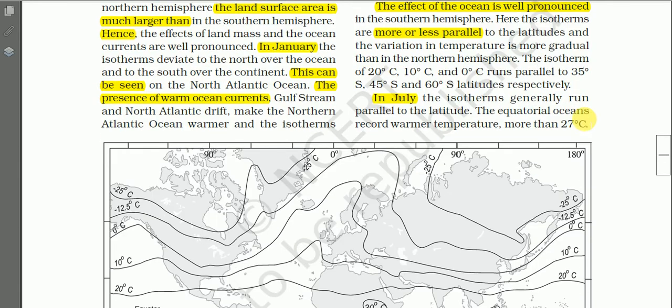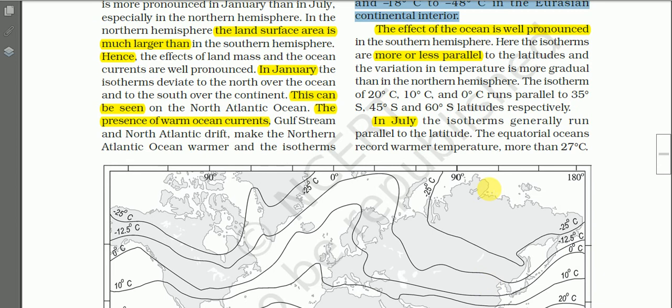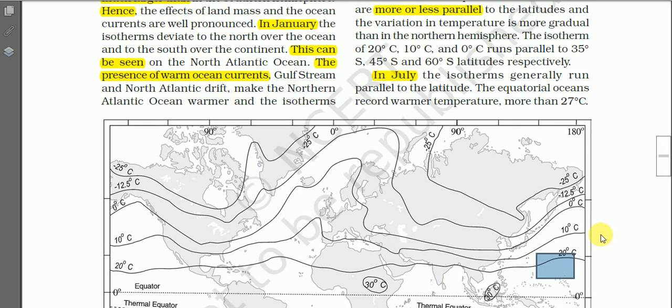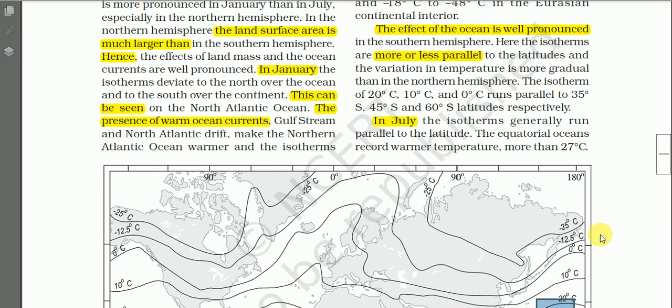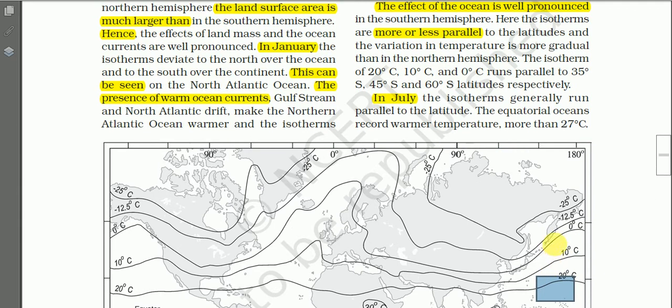See over the warm tropical oceans, here in January, in this area, it is more than 20 degrees Celsius. This is 20, and 10 is here, and 0 is here. This is in the tropics. That is the point mentioned here.